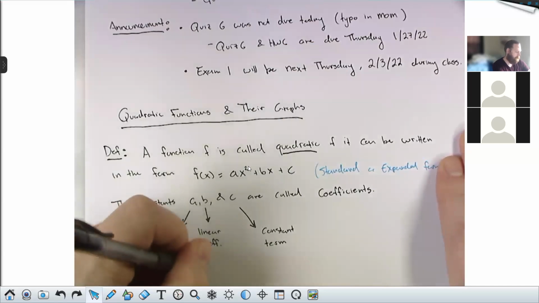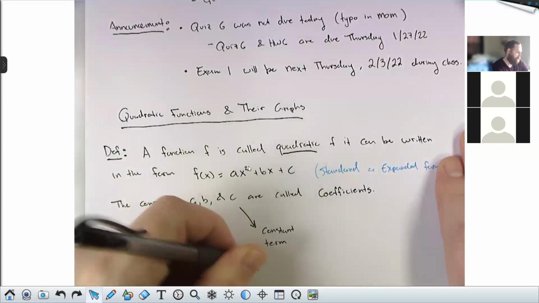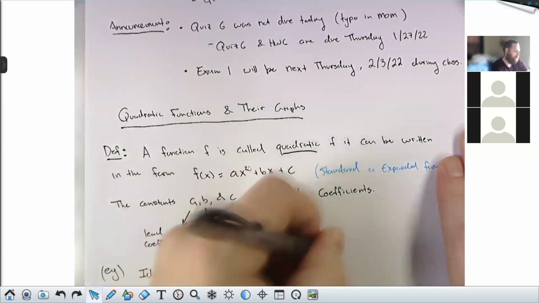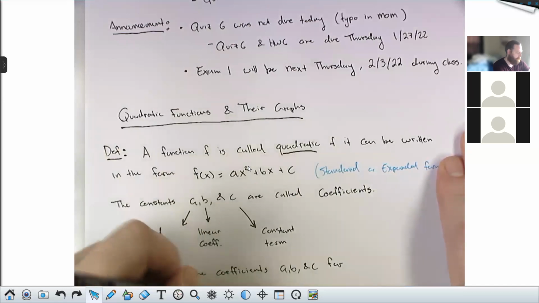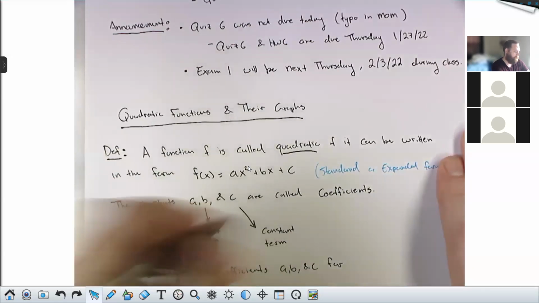So identify the coefficients a, b, and c for, and I'll give us two functions to play with here. So how about f of x equals -6x squared plus 2x minus 3.